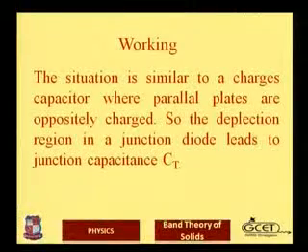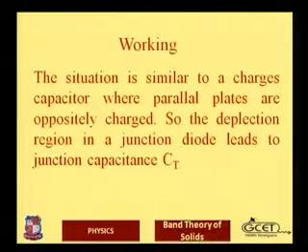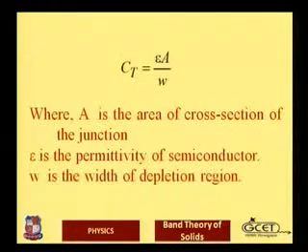If we measure the capacitance here, then we can have a particular value of capacitance which is of the order of picofarad, say from 1 picofarad to 100 picofarad, and this is called the junction capacitance or barrier capacitance, right? And of course there are two types of capacitance. One is the diffusion capacitance and another is the transition capacitance.